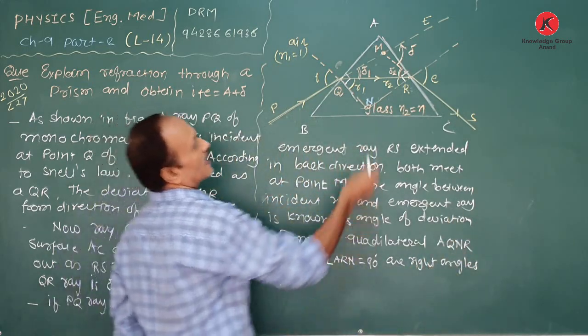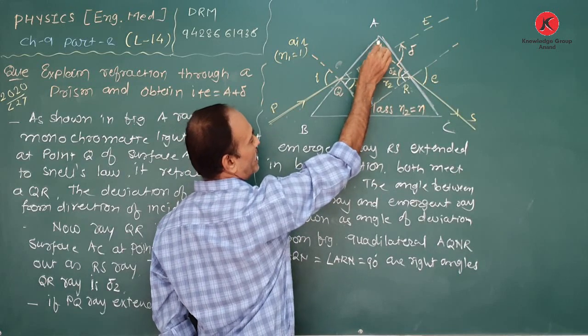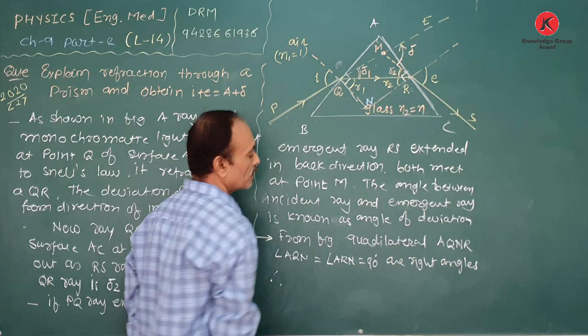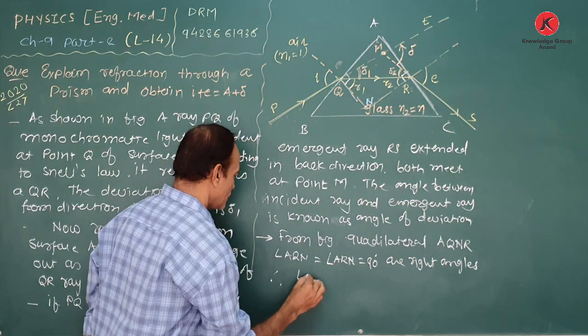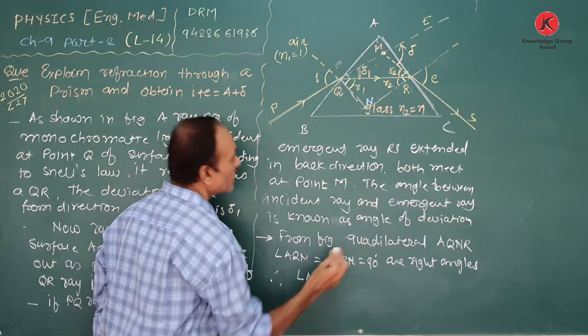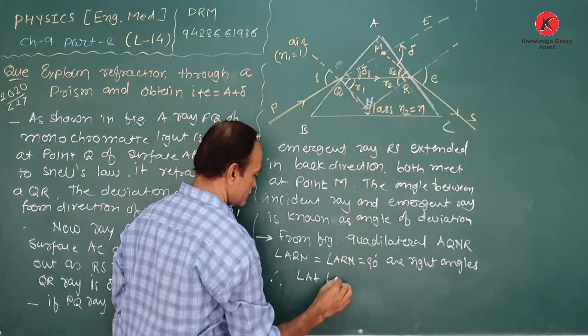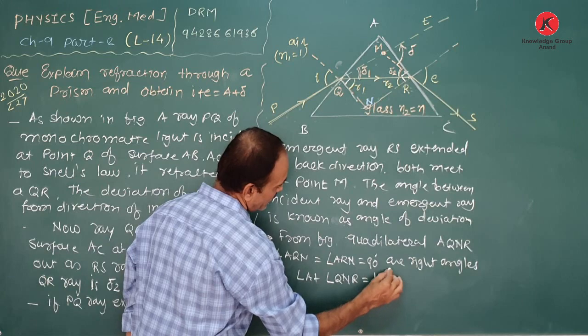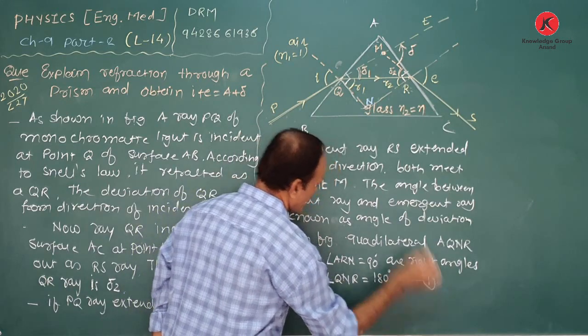Therefore, the addition of angle A and angle QNR is equal to 180 degrees. That is the equation.